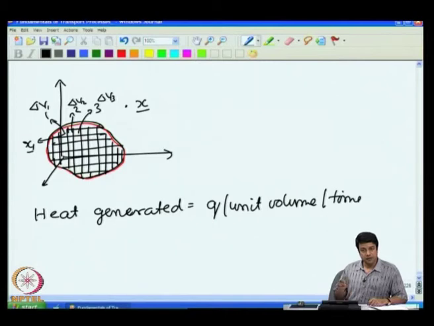And I can consider within each of these differential volumes the source.